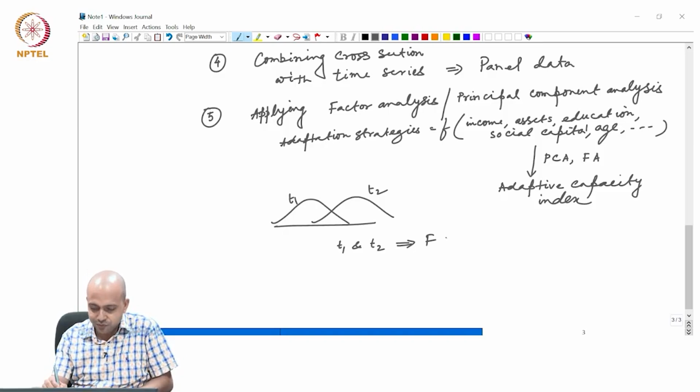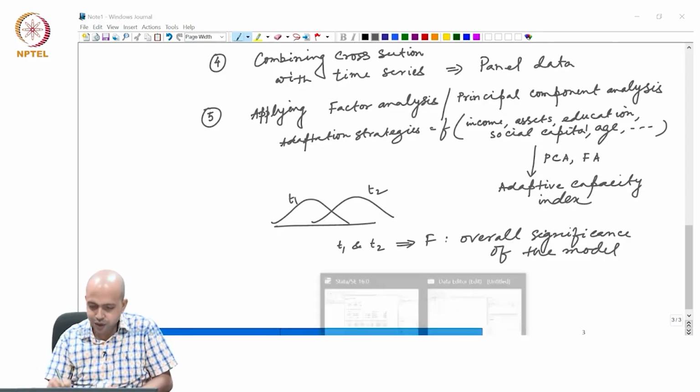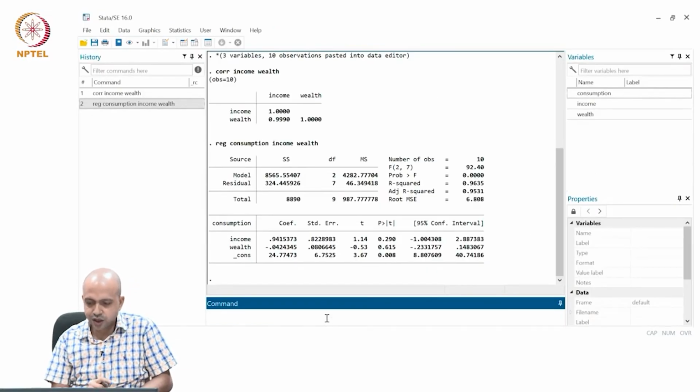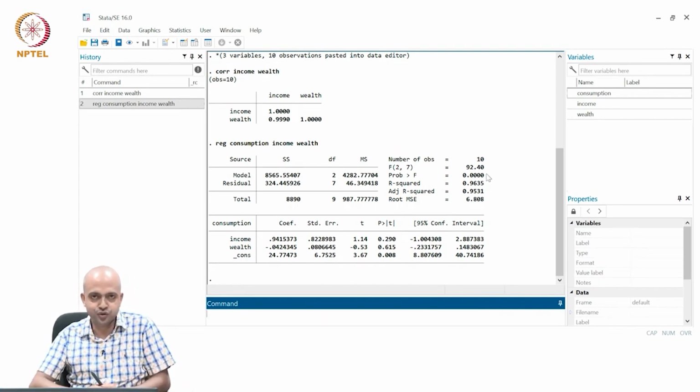So, F gives you the overall significance of the model. And what is the value of F? F value is 92.40 and the P value associated with that F is 0.0000, which is highly significant.